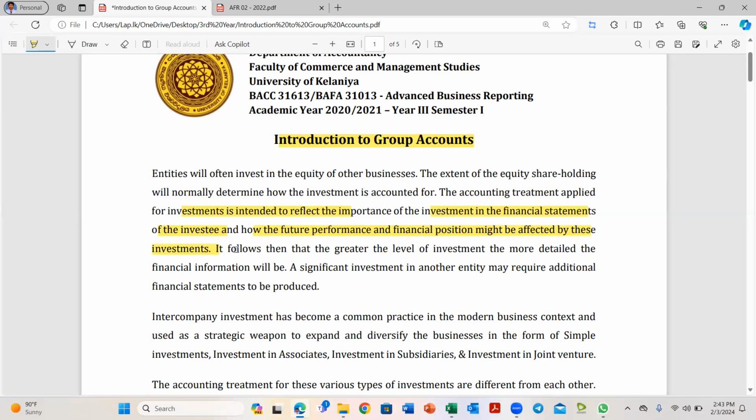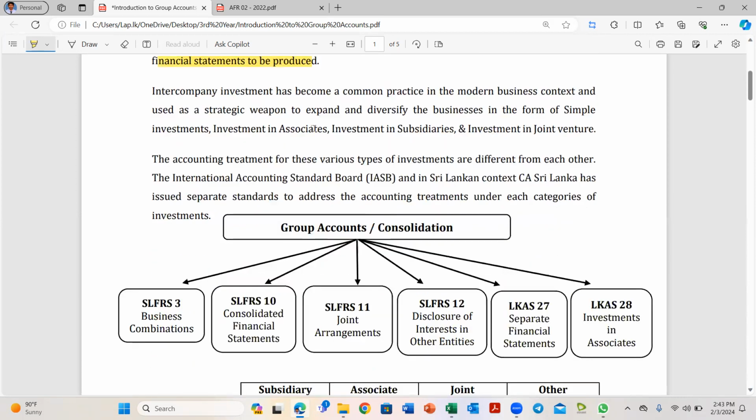It follows then that the greater the level of investment, the more detailed the financial information will be, whether it is a joint venture, joint arrangement, or an investment in an associate. A significant investment in another entity may require additional financial statements to be produced, right?